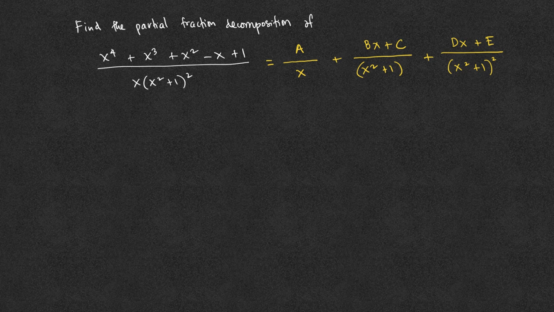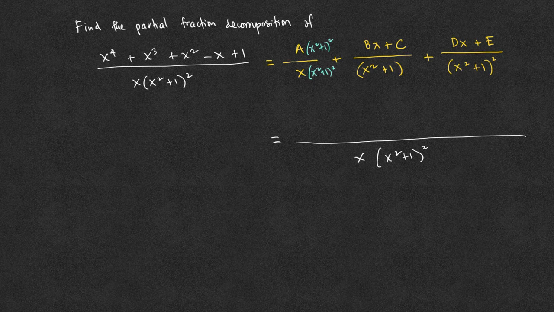To determine the coefficients A, B, C, D, E, we will need to combine the simpler fractions with the least common denominator of x times (x squared plus 1) squared. We will need to multiply the first simpler fraction by (x squared plus 1) squared, both in the numerator and the denominator.